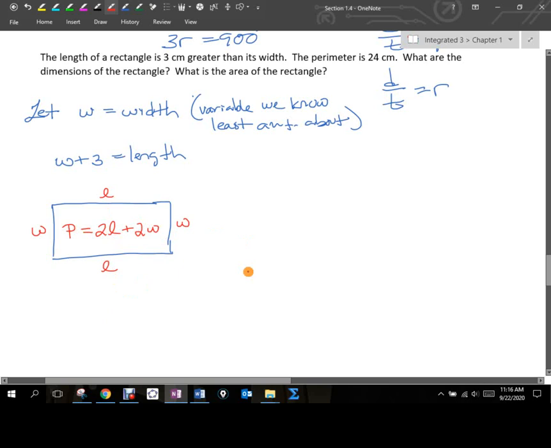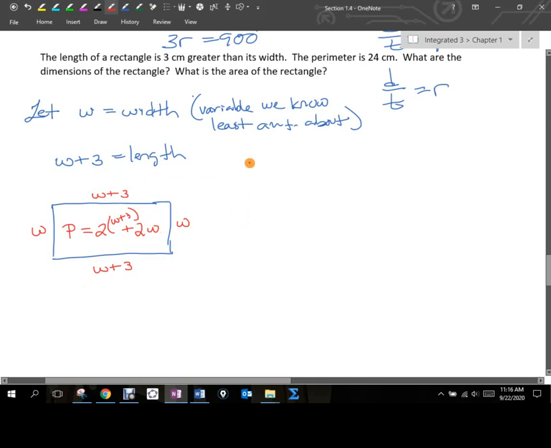But what did we just say our length was? W plus 3. So I'm going to rewrite this as, instead of L and L, W plus 3, W plus 3. So now I have 2 of those, right? There are 2 W plus 3s and 2 W's. Is that okay with everybody?